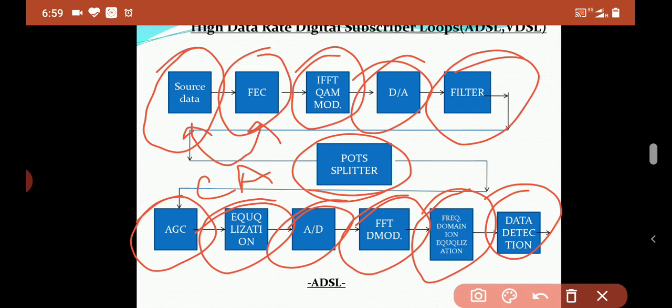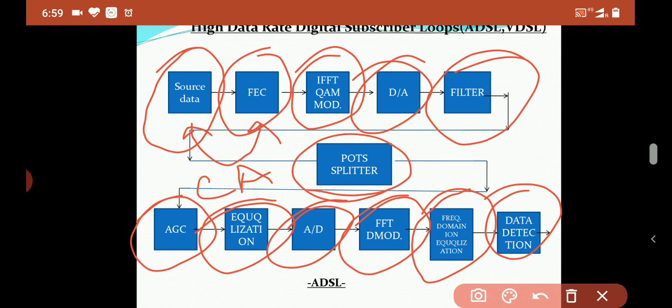A filter part is there, then a port splitter, and on the receiver side we have AGC, equalization, A to D, and the FFT sequence. Then there is the frequency domain equalizer, then data detection. So all the blocks have their own significance, and each block performs its own operation. This is the whole arrangement of ADSL.